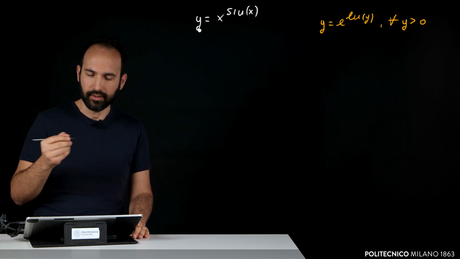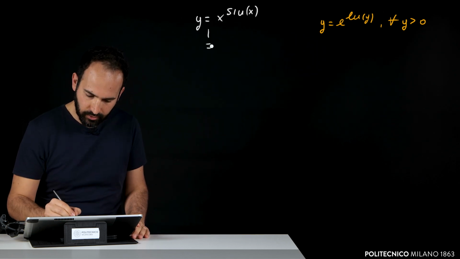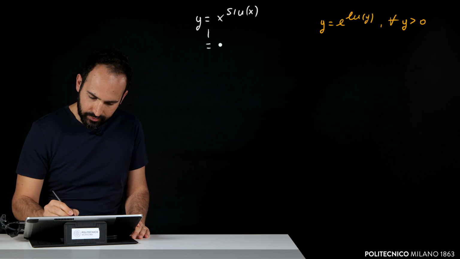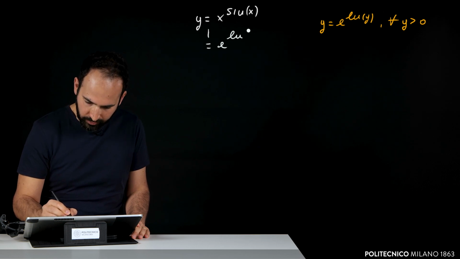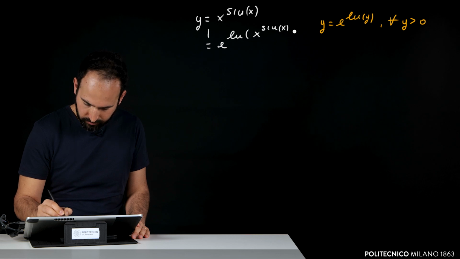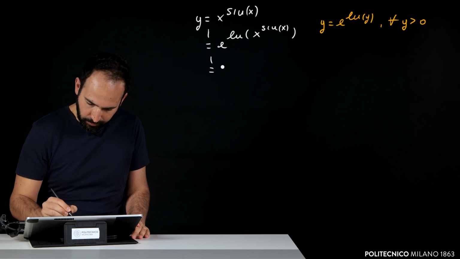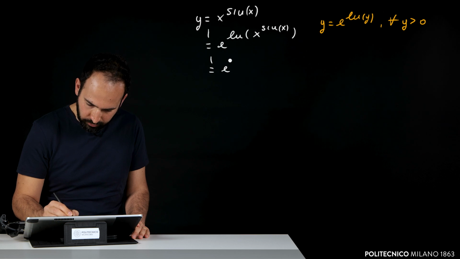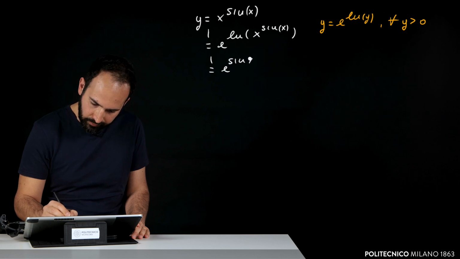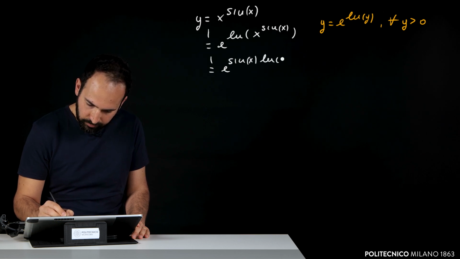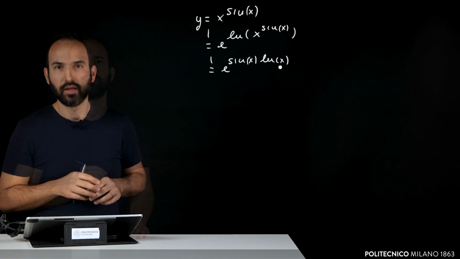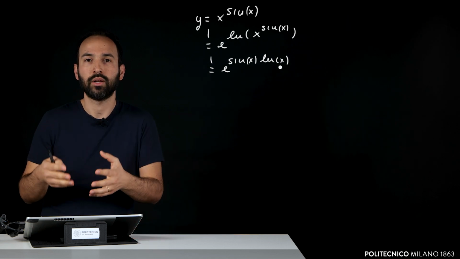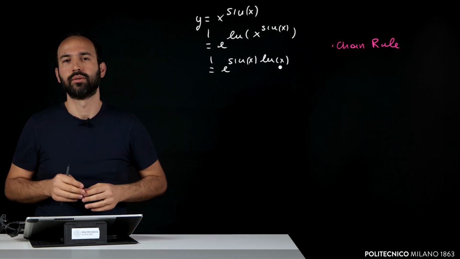We can therefore write our function in this way, as exponential of natural logarithm of x to the sine of x. Using the properties of the natural logarithm, we have exponential of sine of x times logarithm of x. We are now ready to calculate the derivative with the chain rule.